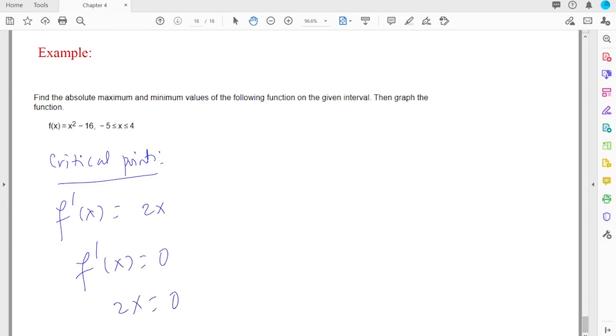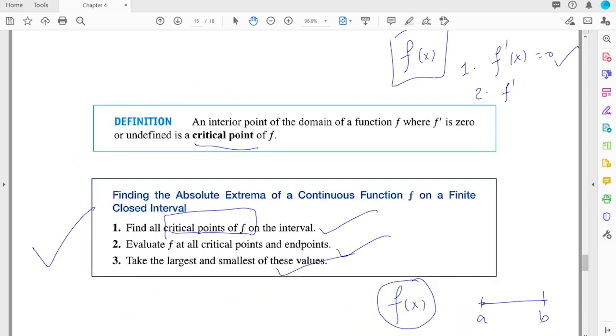So 2x equals 0. Solve for x, and that will give you the critical points. You might have one point or more than one. Now if you try to find the absolute extreme values, you have to follow these three steps. The first one, find all the critical points, and evaluate the value of the function at those critical points and endpoints.